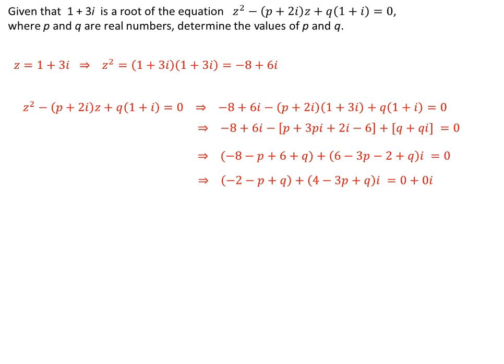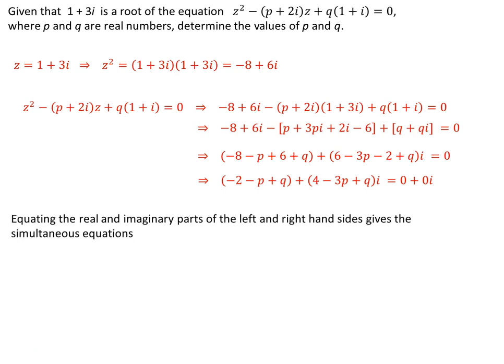Now that lot has got to equal 0, and to emphasize things, 0 is the same thing as 0 plus 0i. So we must have the real part on the left-hand side equaling the real part on the right-hand side. So we must have minus 2 minus p plus q equals 0.